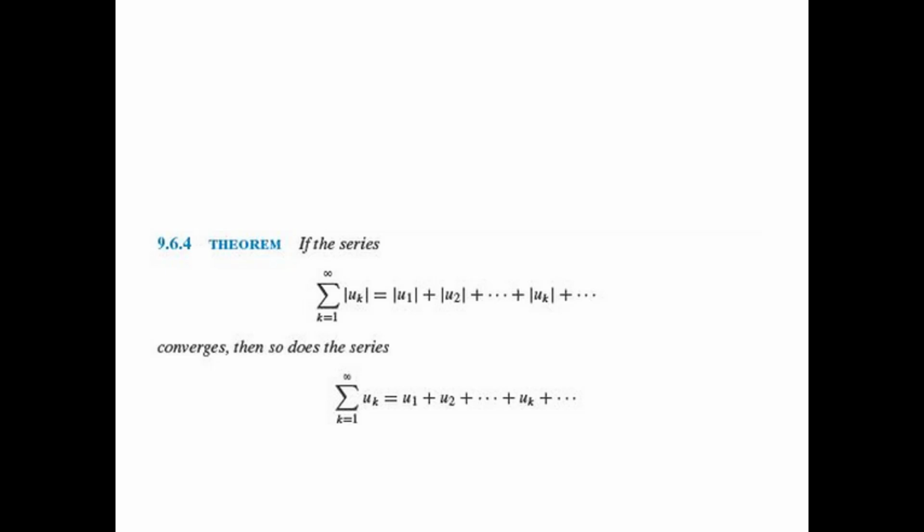Sometimes we have series that alternate in sign, and our comparison test and integral test only work for positive terms. So if the series of absolute values converges, then it should make sense that the series with both positives and negatives also converges.